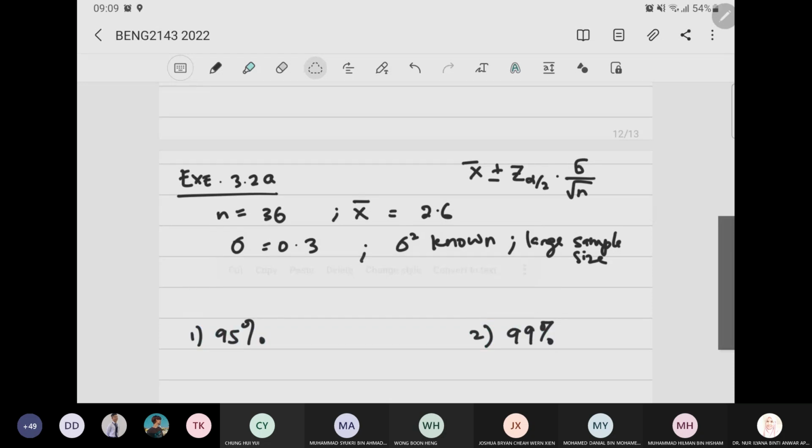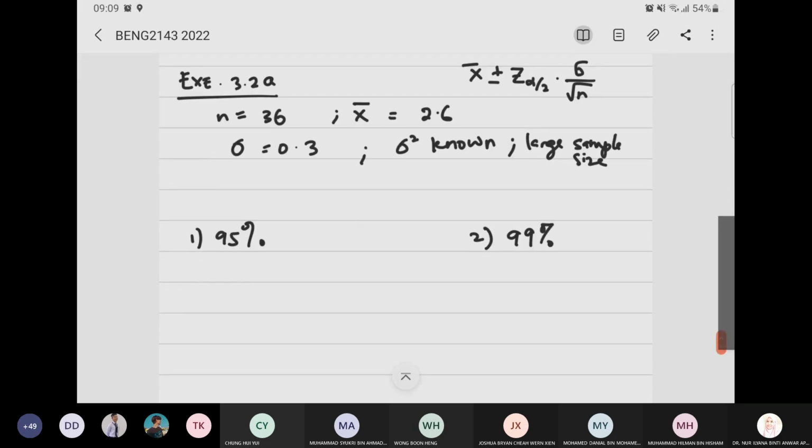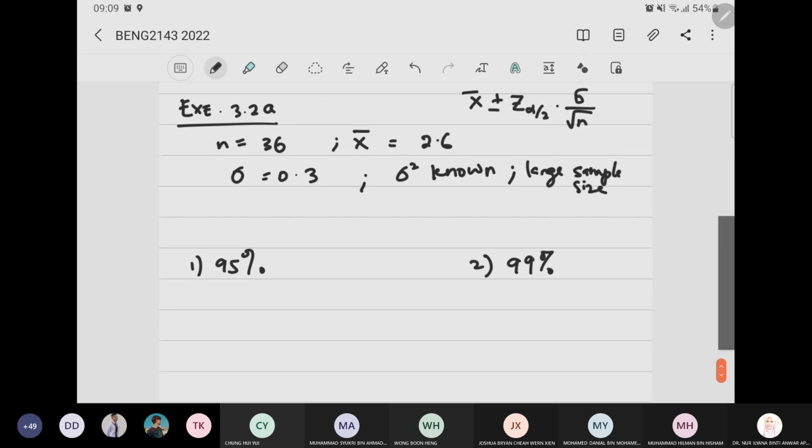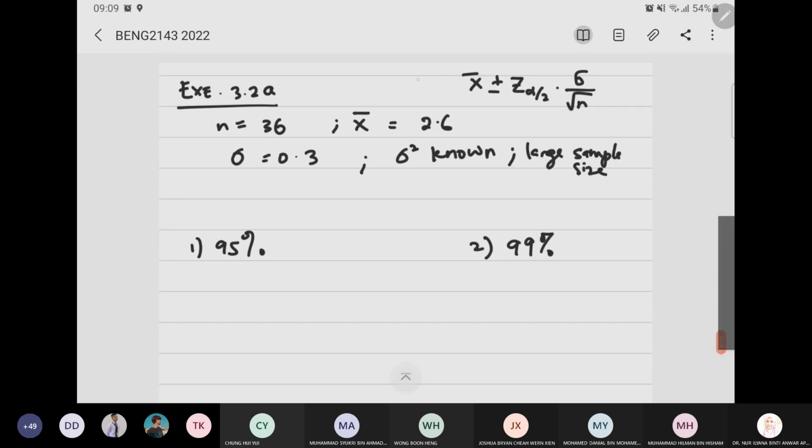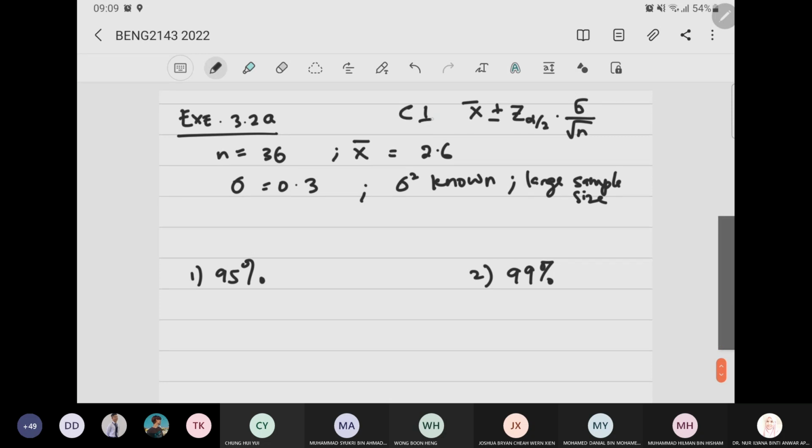So one thing's for sure, we need to find the alpha for both cases. Okay, because the alpha for both cases is the significance value. So we need to find the confidence interval, CI, using the mean, but we need to find the critical value.